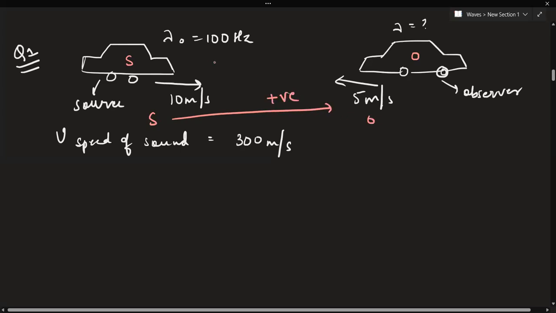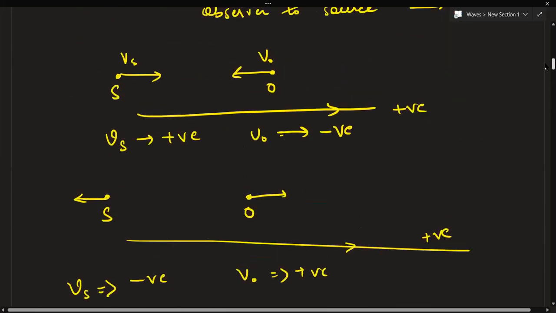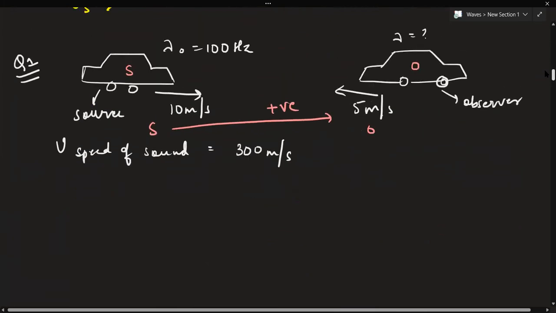So we have the sign convention ready with us. It could have been reversed. It is not necessary that the source is placed on the left-hand side only. The observer can be here and the source can be here. You just have to see the direction. If it is moving like this, then from right-hand side to left-hand side becomes positive. So you have to check with regard to their direction, not whether the source is kept left or right.